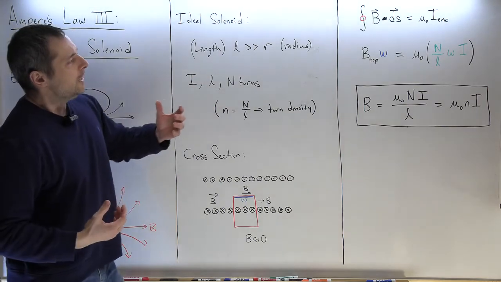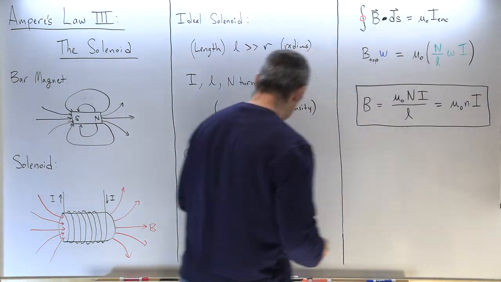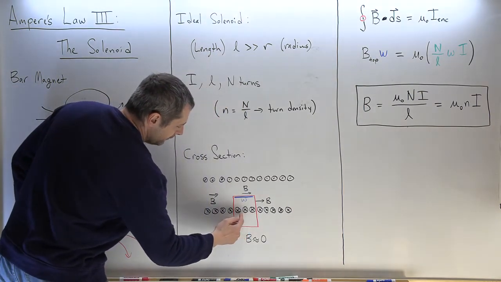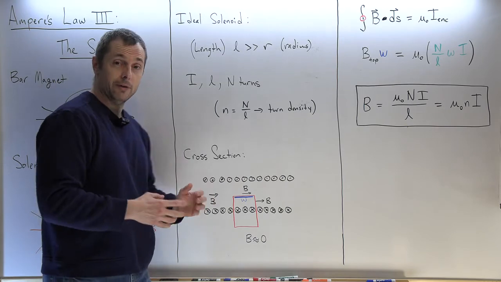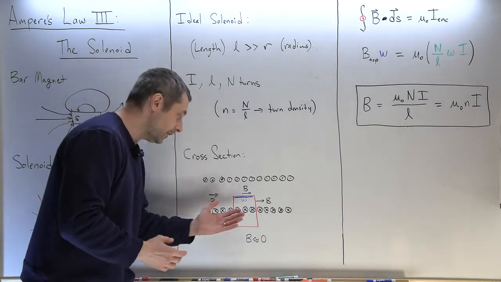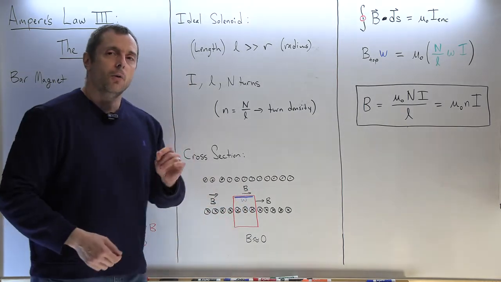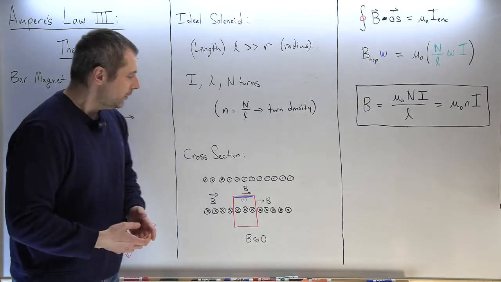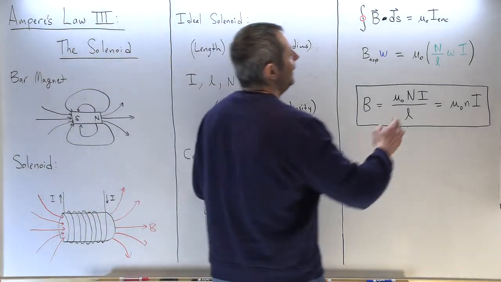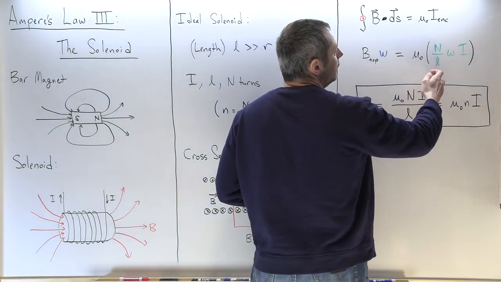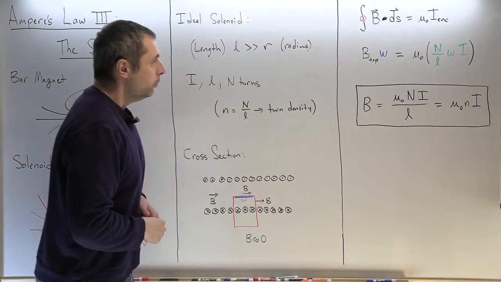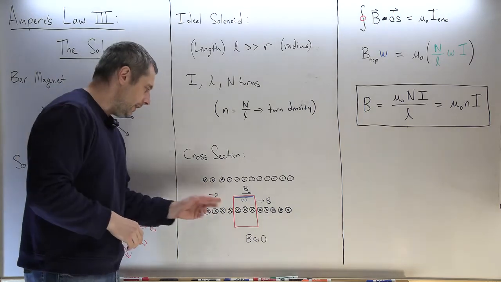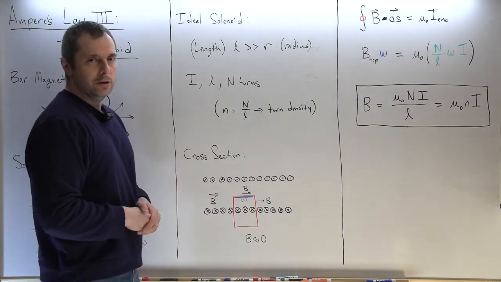Now, what's the I enclosed over here? Well, if you look, in my picture I have 3 wires. So I would say 3 times maybe 2 amps or whatever's going through, and that would be 6 amps coming out, going in. Well, what about with symbols? What we would do is take the turns per meter times the meters, which would give us the number of wires inside our Amperian loop.